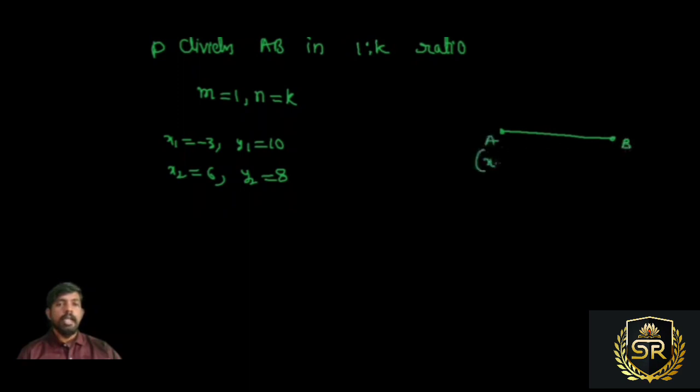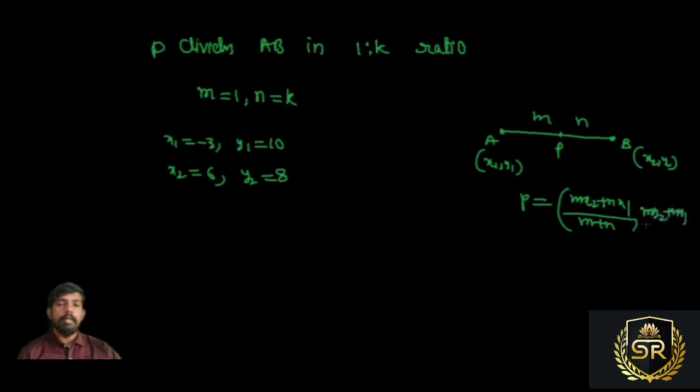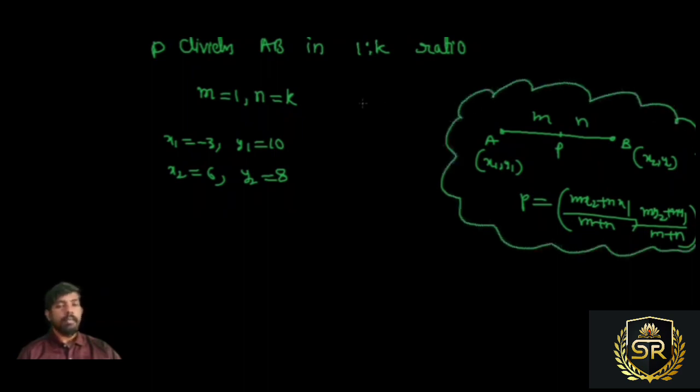This is A point x1 comma y1, this is x2 comma y2, and this point P divides in m is to n ratio. Then the formula is what? mx2 plus nx1 by m plus n comma my2 plus ny1 by m plus n. So this is the formula.